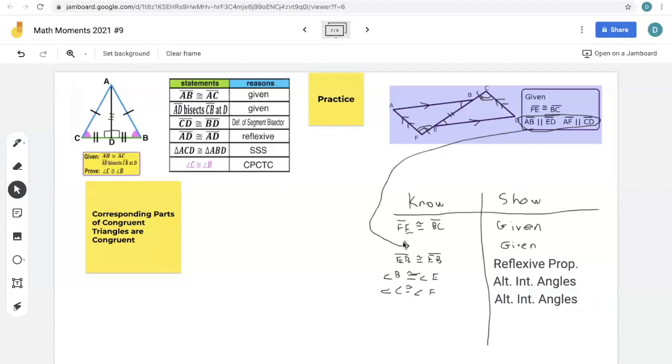Now, I think we are ready to prove that the triangles are congruent by angle side angle, because we have an angle up here and then the full side and then the angle down there.